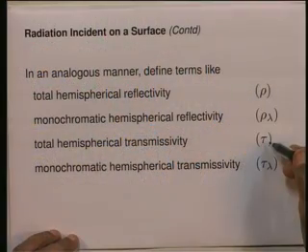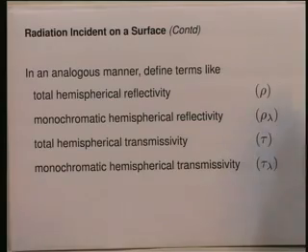And what would be tau? Tau would be the fraction of the total hemispherical irradiation incident on a surface which is transmitted through that surface. Okay. So, rho and tau are similar to alpha. Alpha stands for the absorbed fraction, rho for the reflected fraction, tau for the transmitted fraction, and the corresponding quantities at the monochromatic level are alpha lambda, rho lambda, tau lambda.